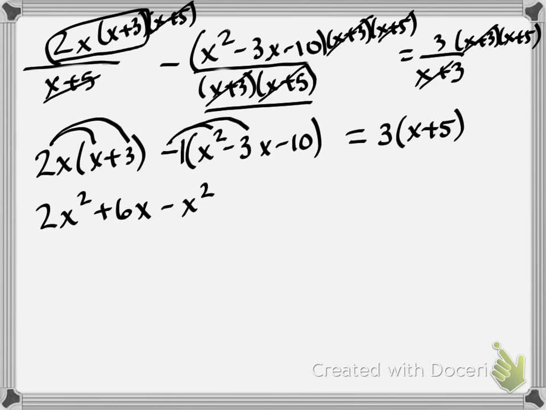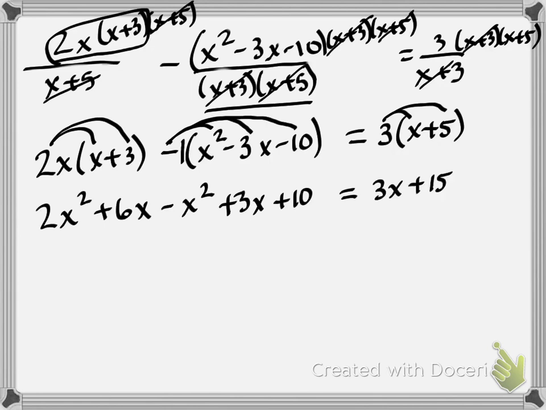Negative 1 times negative 3x is positive 3x because you're multiplying two negatives. And the last one, negative 1 times negative 10, is plus 10. And then finally, on the far right side, we have 3 times x, that's 3x, and 3 times 5 is 15. At this point, we need to combine like terms. So we have my 2x squared with my negative x squared, that's just x squared.